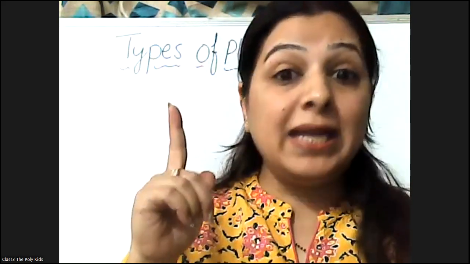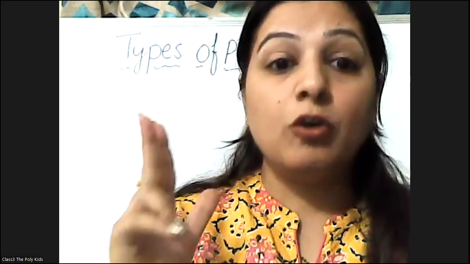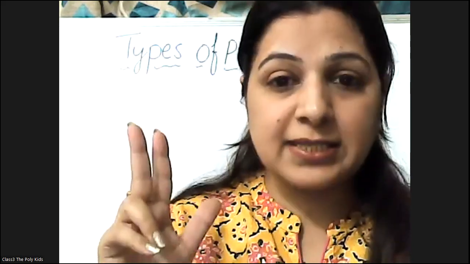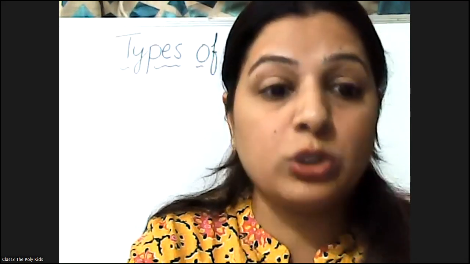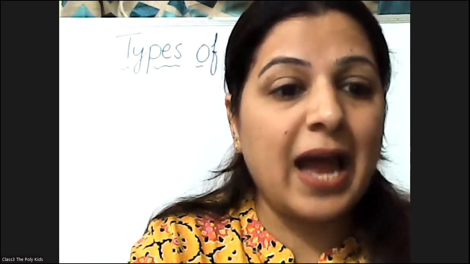Medicines also we get. Wood, paper. Fruits, vegetables. There are so many different kinds of things that we get from plants and trees.